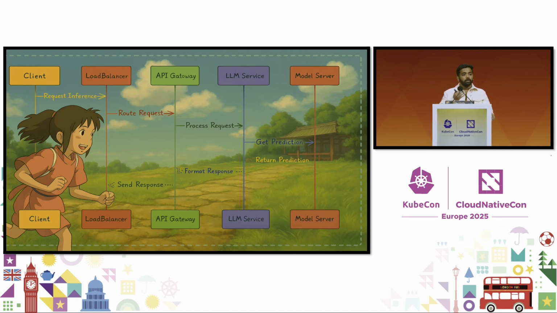Again, whatever output is generated by prediction goes to the LLM service and comes back from the model server. At this stage, they filter the content, wrap it with the structured schema, and transfer it to the API gateway. So the API gateway does the final checks, and then transfers it.